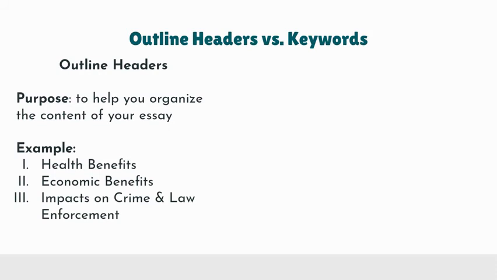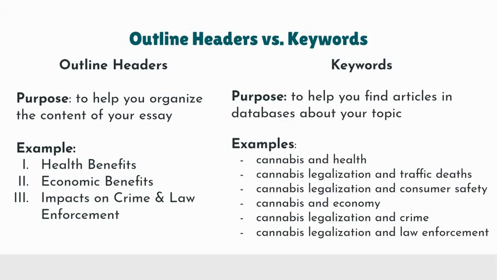If I just typed the words health benefits into the database, I'm probably not going to find anything about marijuana legalization. The same with economic benefits or even impacts on crime and law enforcement. Those would certainly help guide me as I'm doing my writing, but for finding articles, that's not really going to be helpful.